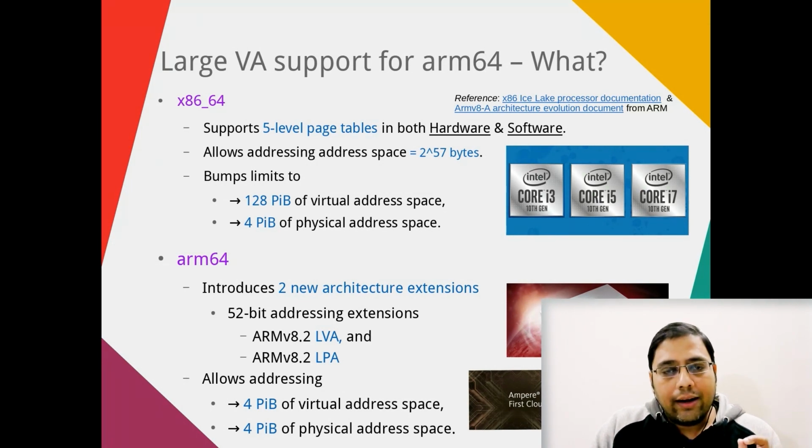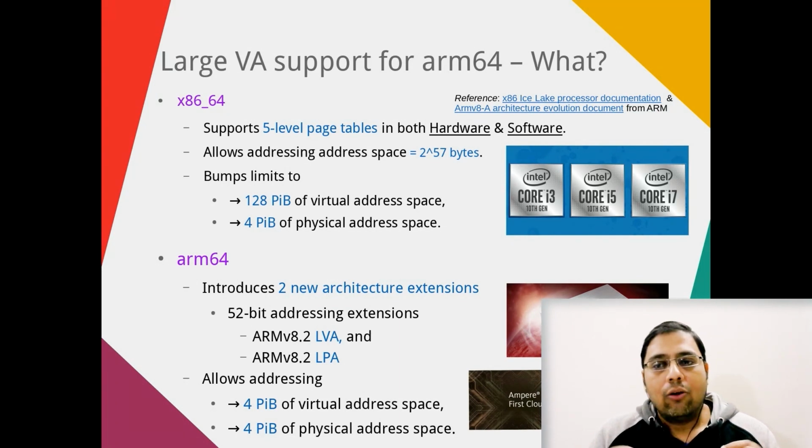It is expected that ARM64 cores with these extensions will allow virtual and physical addressing space all the way up to 4 petabytes. Again, quite a big jump from the earlier maximum of 256 terabytes achievable with 48-bit hardware support.